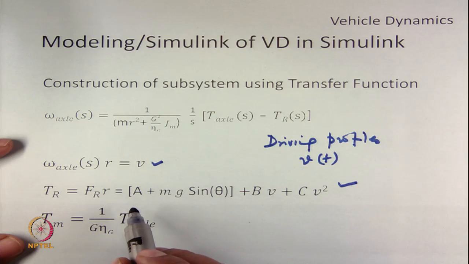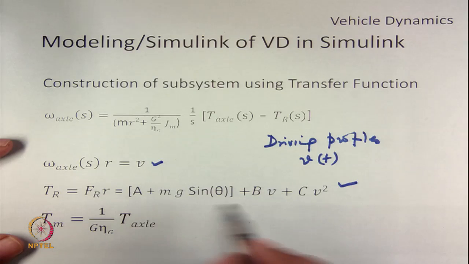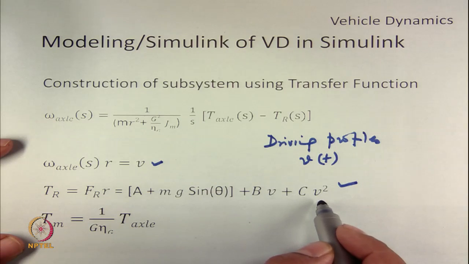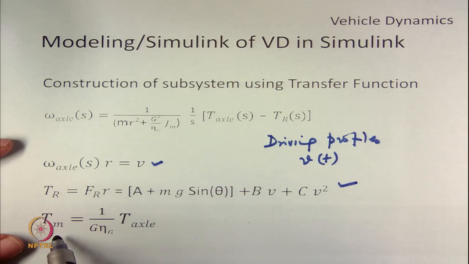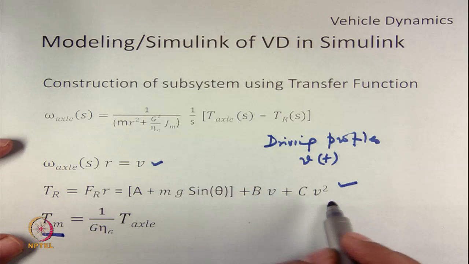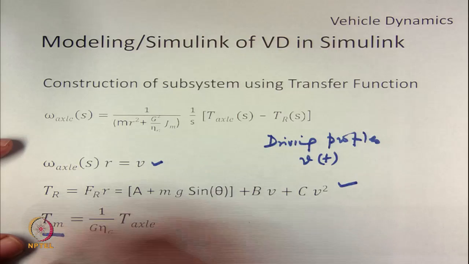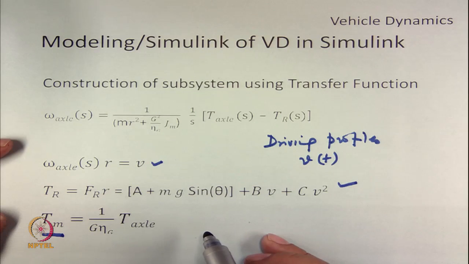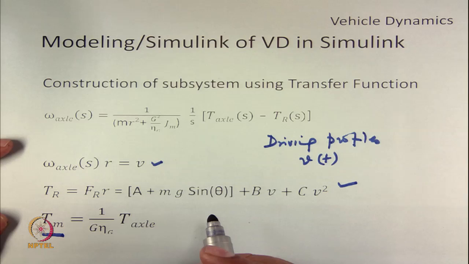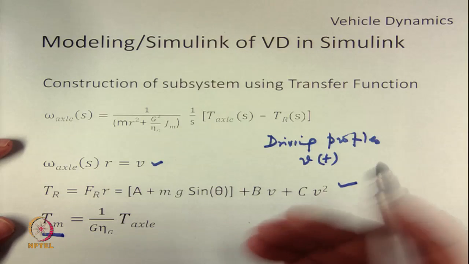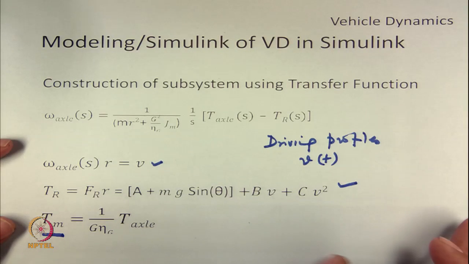So, the more exact version can be done by using ABC constants. So, we are relating here the velocity profile and the torque. So, the input to the system is torque of the motor and output is velocity. So, we will be able to put all this together such that we will be able to do the modeling the way we require.